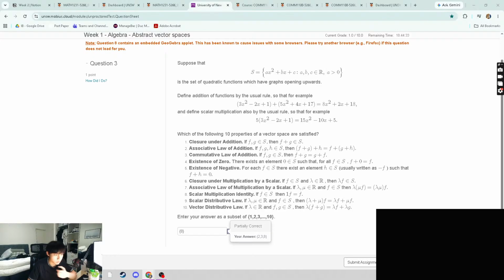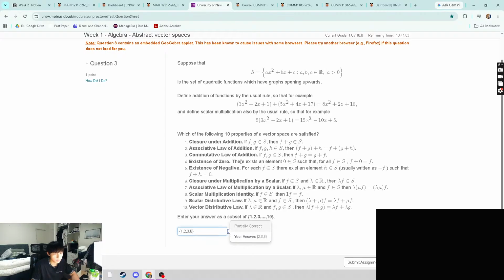So closure under addition still works. Associative law looks like it works. Commutative law of addition works. Okay, so 1, 2, 3 do work.